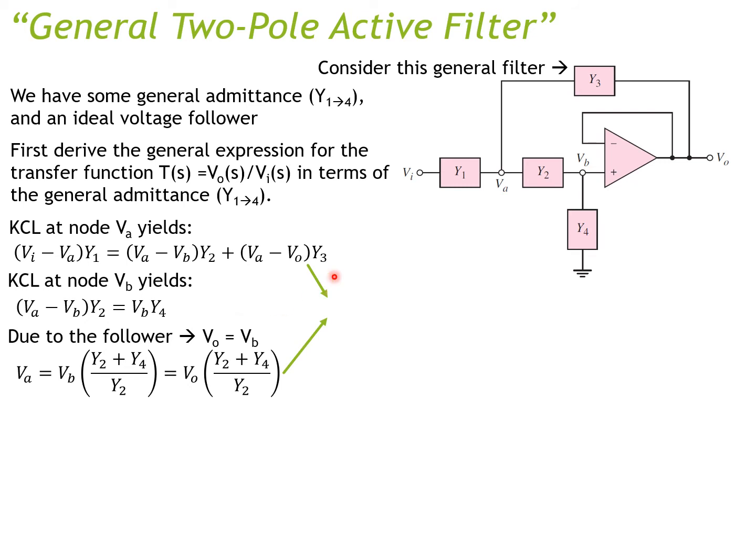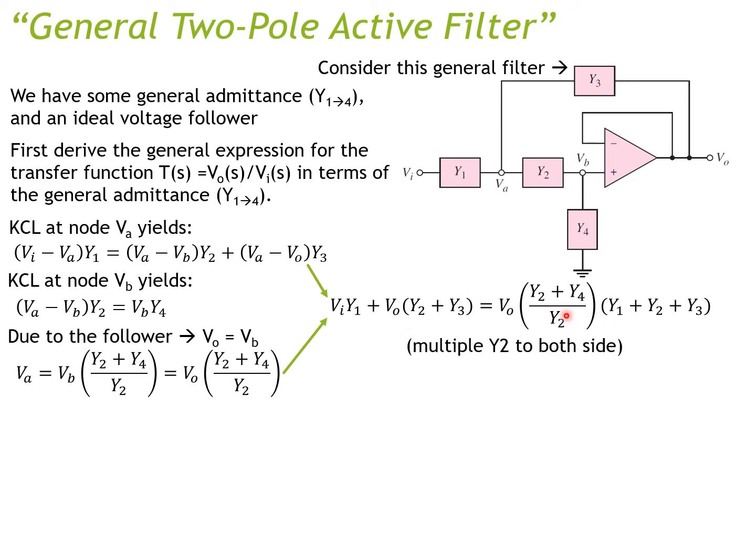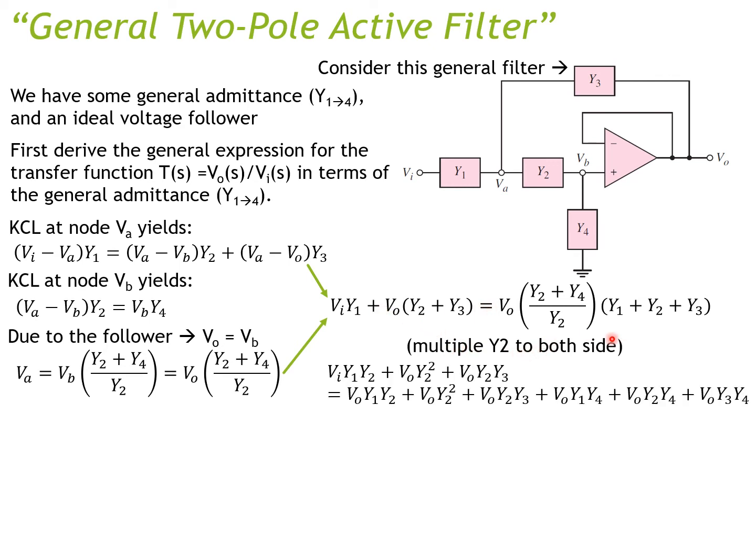Okay, let's move on quickly. If you use this equation, you can substitute in for VA and VB, so that you can make this whole equation in terms of only VI and VO. I did that in here. Finally, I can multiply both sides by Y2 and distribute everything in.